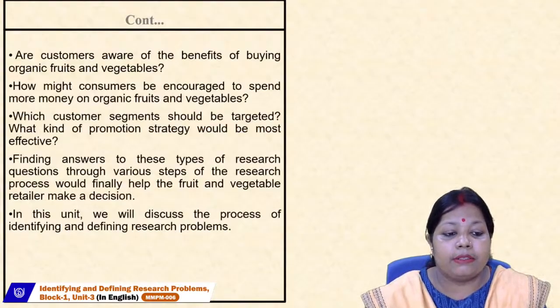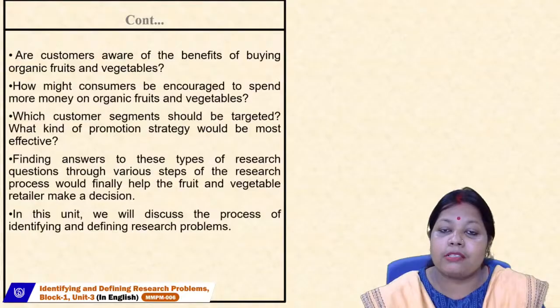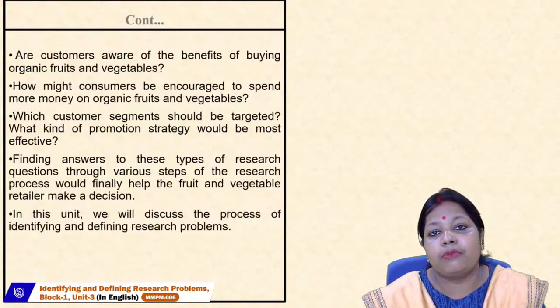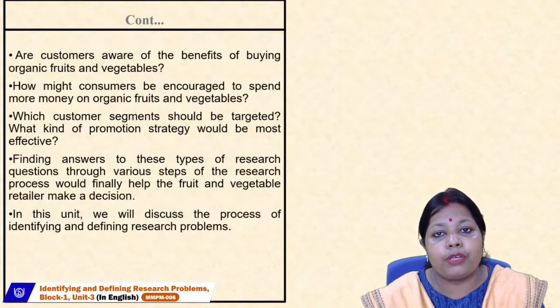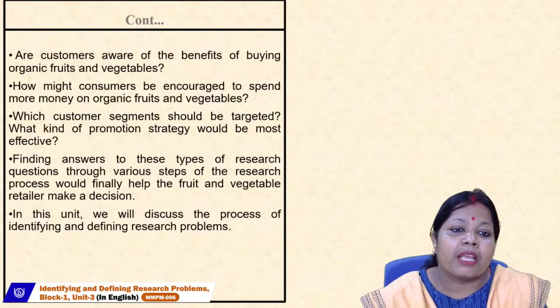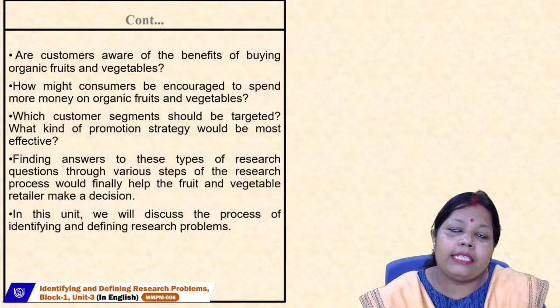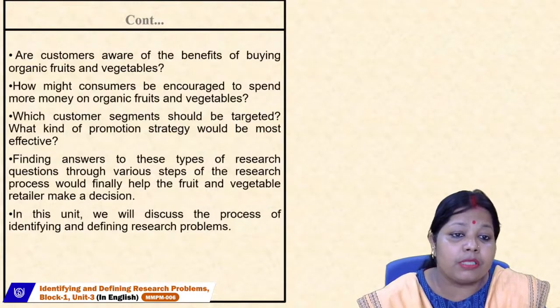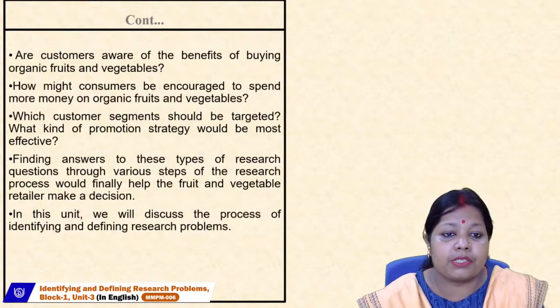So here in this unit, we will discuss the process of identifying the research problem. See, here we have discussed three questions regarding that organic fruit and vegetable retailer. We can think about the solution or the answer to these questions. It is possible because we defined the problems.